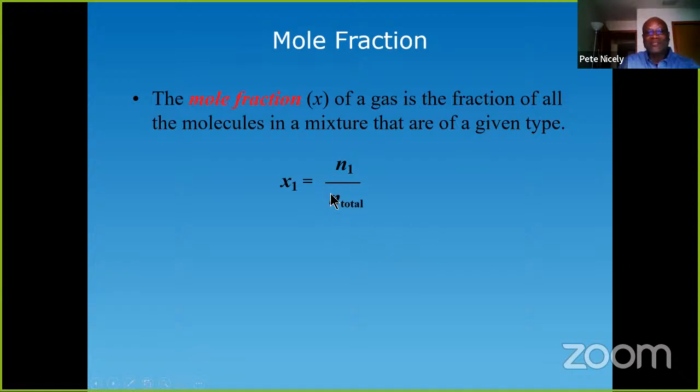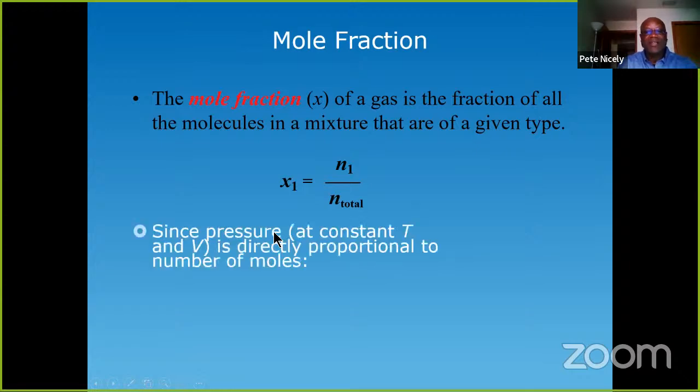So that's one thing you need to know. The other thing you need to recognize is that because this is a fraction, the possible range of values for mole fraction of any substance in a mixture would go from 0 to 1, all right? So basically, you cannot have a mole fraction that is greater than 1, obviously.